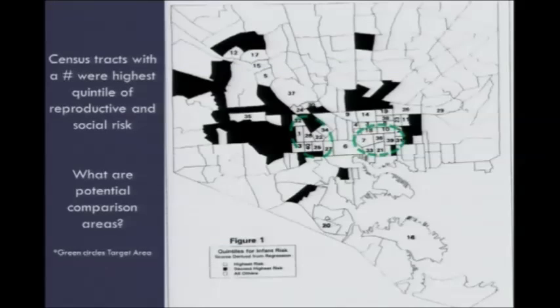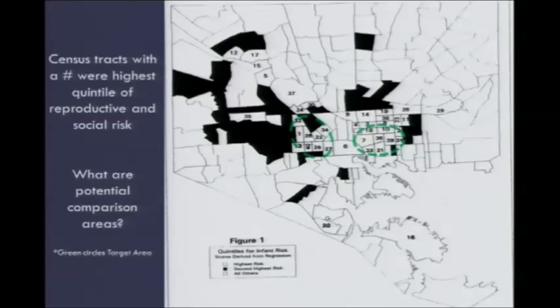So let me just tell you what we did specifically. When we did the needs assessment, we identified those areas that were in dark brown. This is the same map. But what it tells you is the ranking of the census tract in terms of the riskiness of the census tract. So if you look at our 2 target areas here, and here, they come up with kind of the same average.